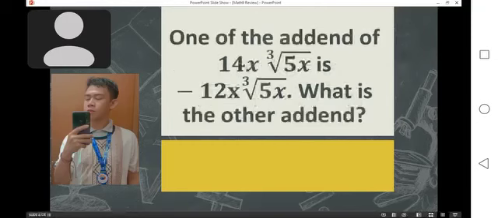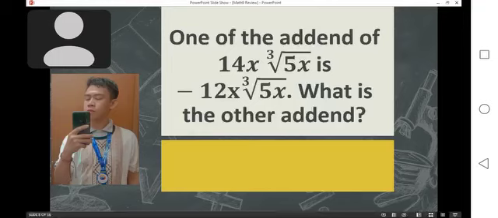Next, one of the addends of 14x cube root of 5x is negative 12x cube root of 5x. What is the other addend? The operation here is addition, and one of the addends is 14x cube root of 5x and the sum is negative 12x cube root of 5x.